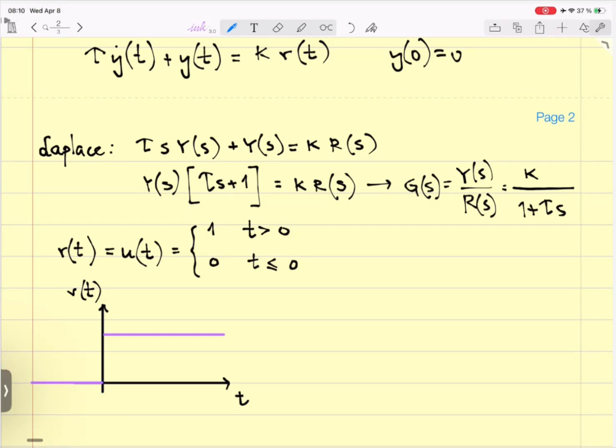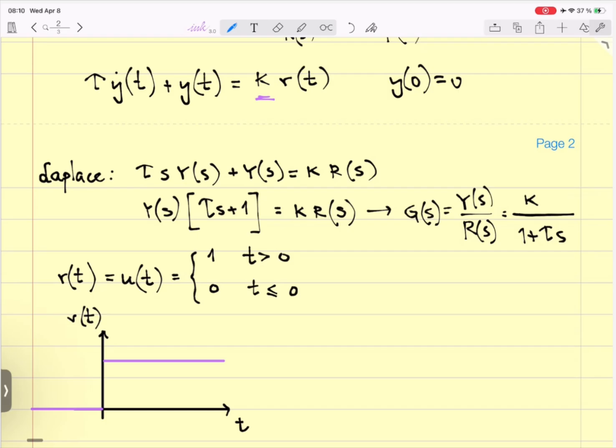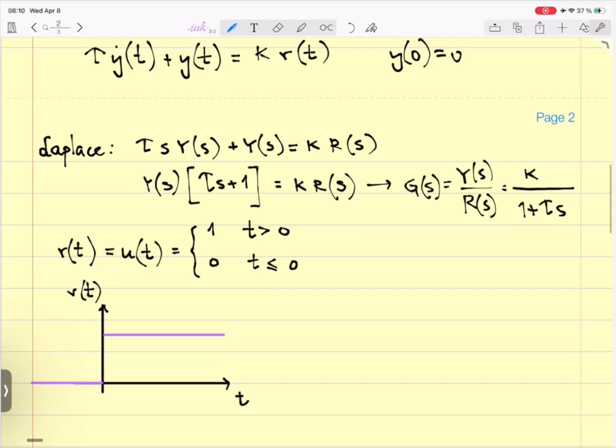Because our function is multiplied by k, we can say this is k times r of t.